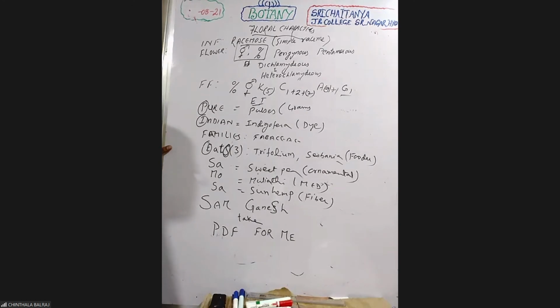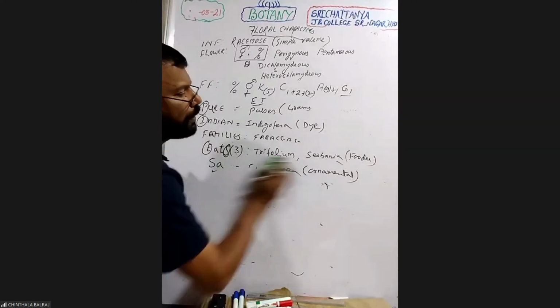Sam Ganesh take PDF for me. So this is one word. Pure Indian families eat 3 samosa is one type of mnemonic. Another type of mnemonic we can go for: Sam Ganesh take PDF for me. Shall we go for this one? Whichever you feel best, you can go ahead.